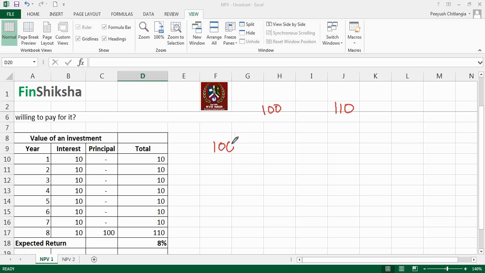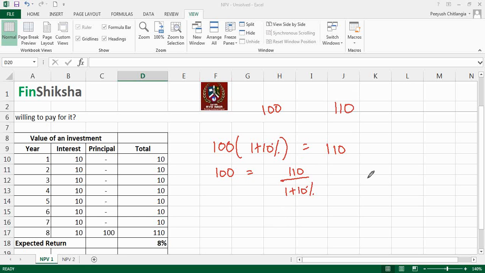How do we get this answer? 100, giving you a return of 10%, should give you 110. Effectively, 100 is calculated by taking 110 and then discounting it by the expected rate of return plus 1, correct?